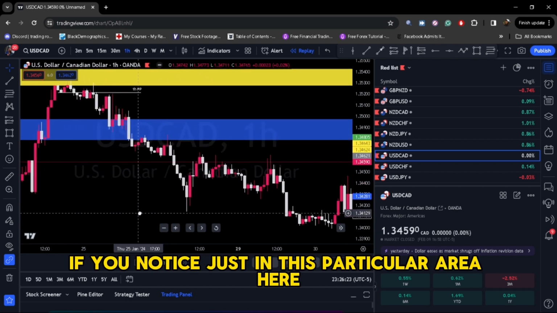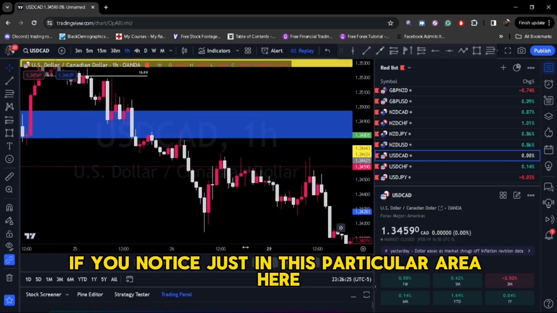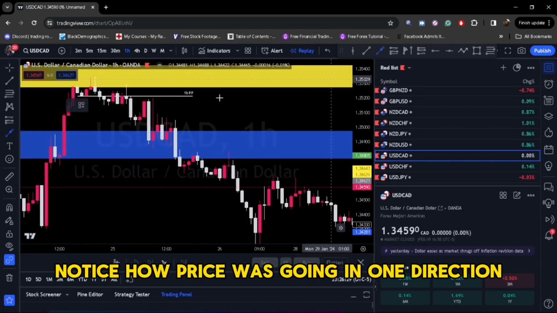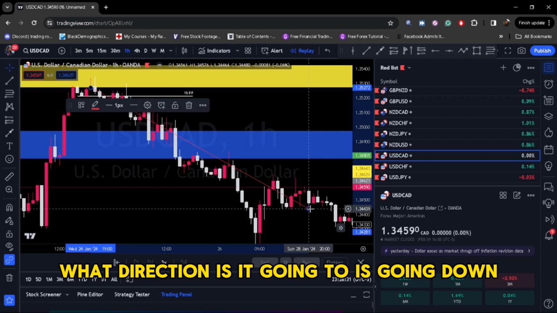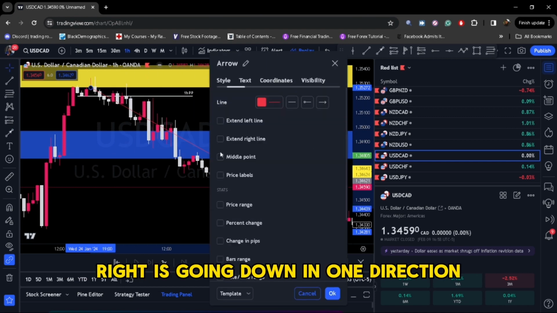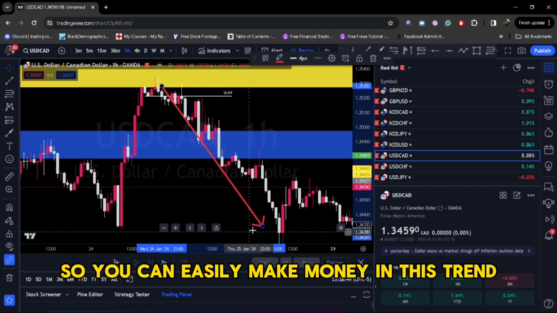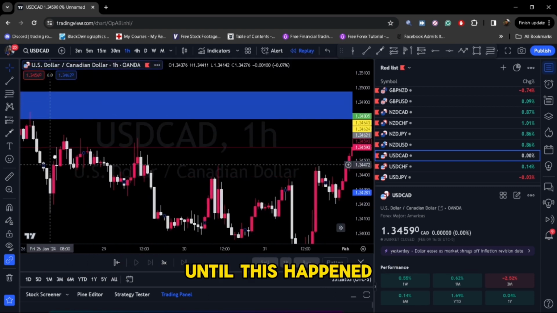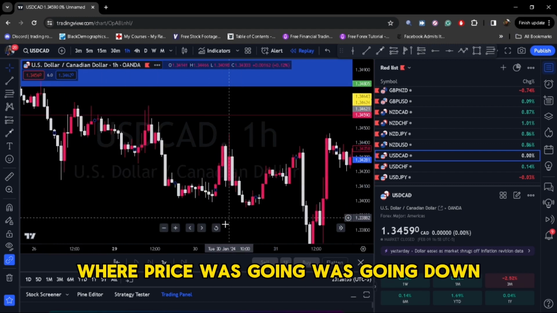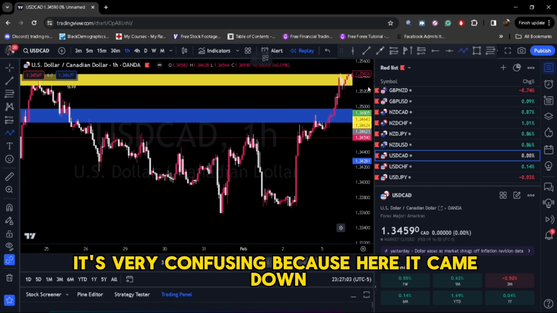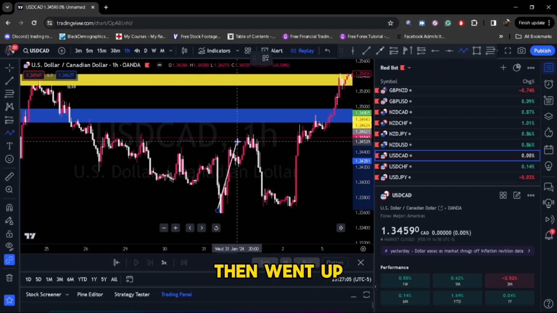But if you notice just in this particular area here, notice how price was going in one direction. What direction is it going to? It's going down, in one direction. So you can easily make money in this trend until this happened, where price was going down, but as you can see, guys, very confusing, because here it came down, then went up.